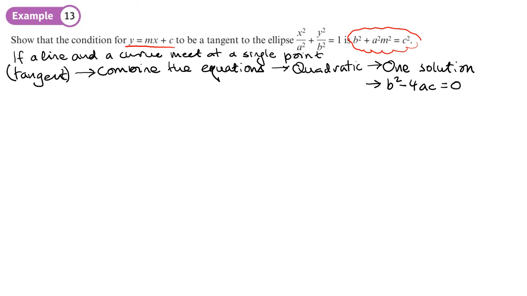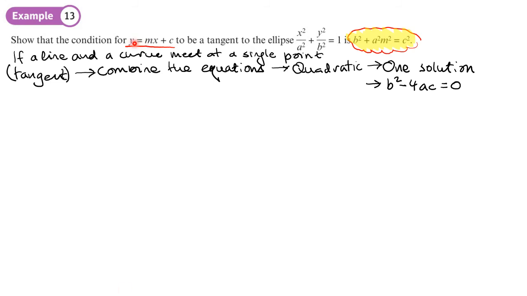So that's what we're going to do. Combine the equations, rearrange it so we get a quadratic, work out b squared minus 4ac equal to 0, and then we should get this expression up here. So let's start by combining them.